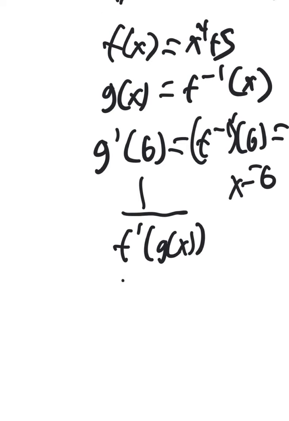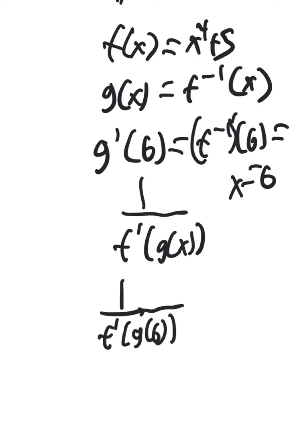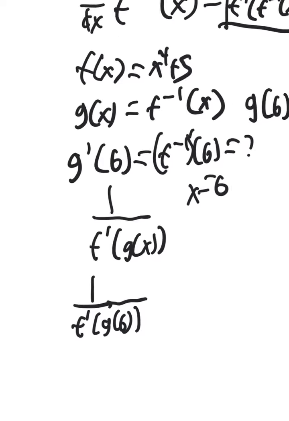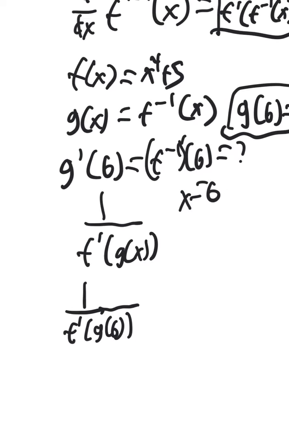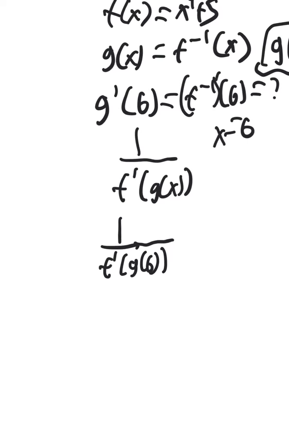So then we have 1 over f prime of g of 6. And because we're given g of 6 in the problem right over here, we can just plug that in. So then we have 1 over f prime of 1.